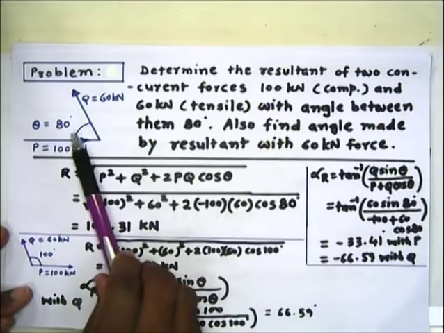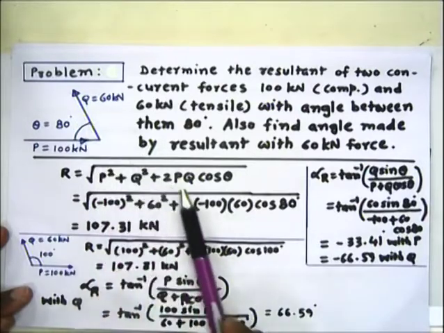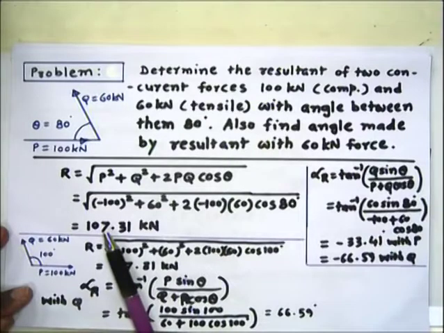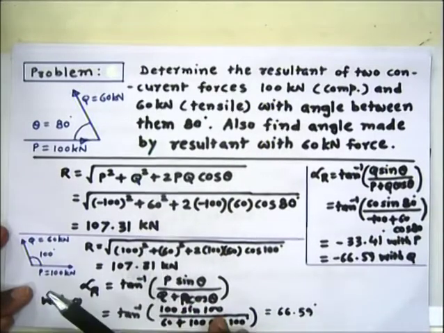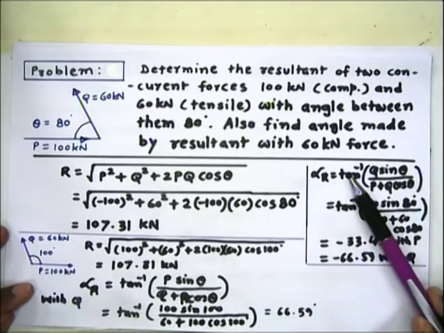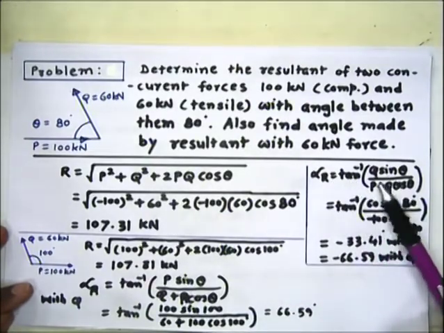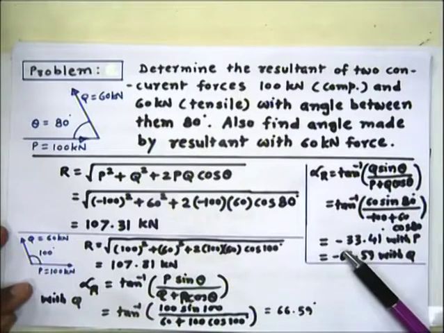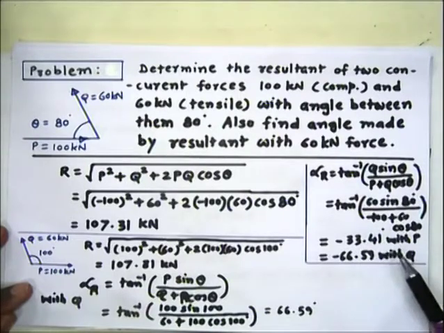Angle between these two is 80 degree here. So finding this value, we'll get R is equal to 107.31 kilonewton. And then angle of that resultant force is given by this formula, tan inverse Q sin theta divided by P plus Q cos theta, and we'll get on putting values alpha R minus 33.41 with P.